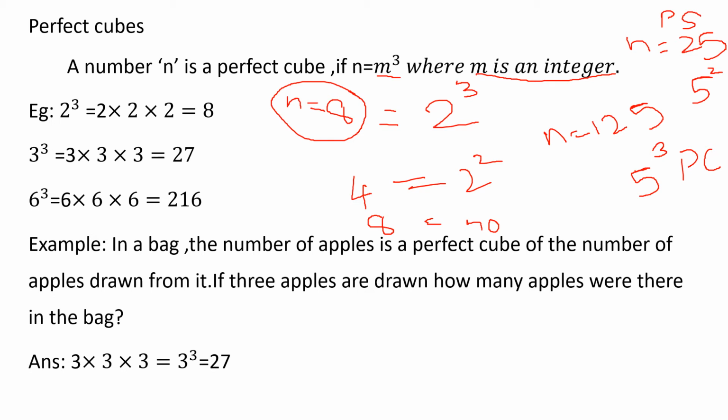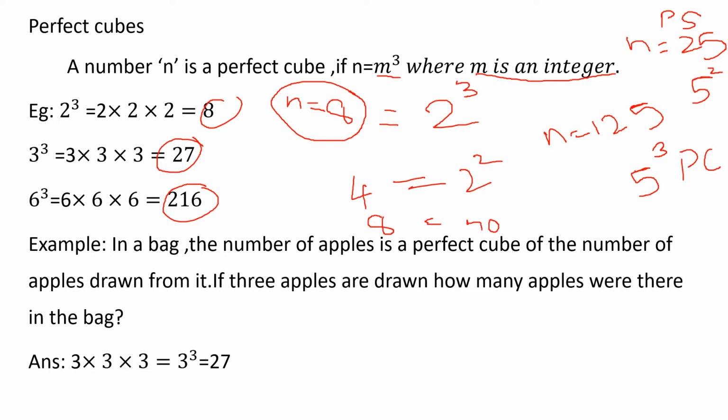Just see one example, children. Here I have given some examples. 6 cube, 216, so 216 is a perfect cube. 27 is a perfect cube. 8 is a perfect cube. Example: in your bag, the number of apples.